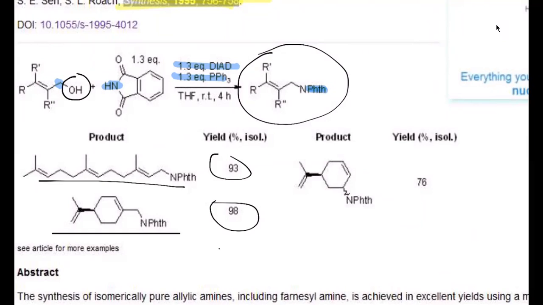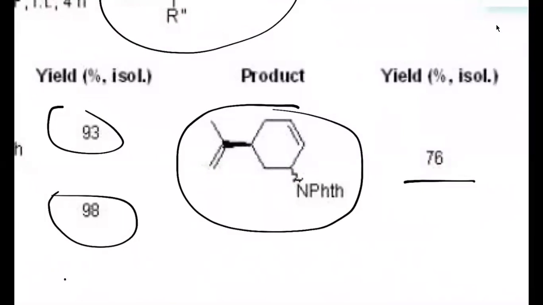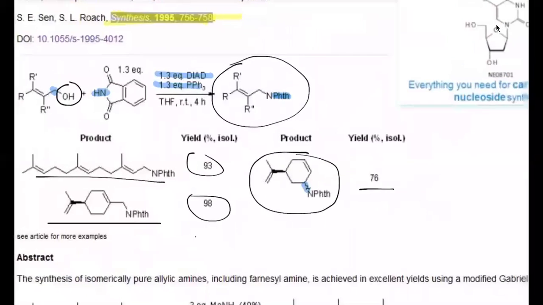All right, so same here. 76% yield, and the only problem here is the stereochemistry is not defined, so we don't know if it's R or S, right? But still, to get that amine with that functionality and the stereochemistry already set in 76% yield, that's a good reaction.